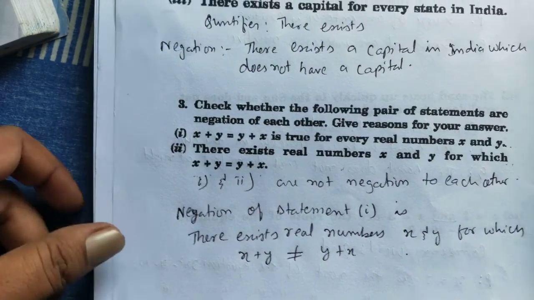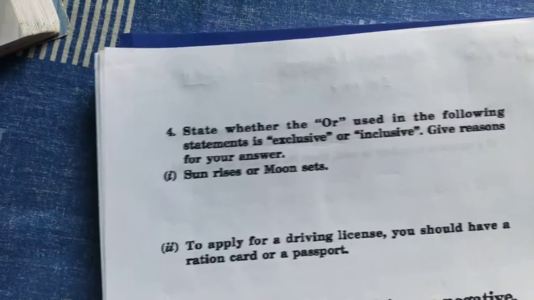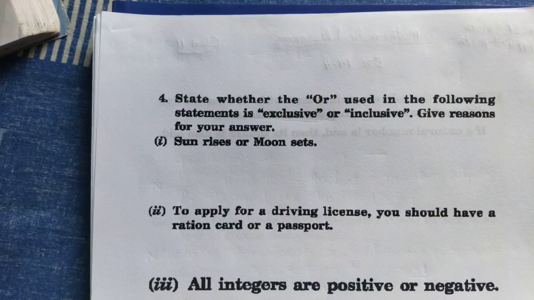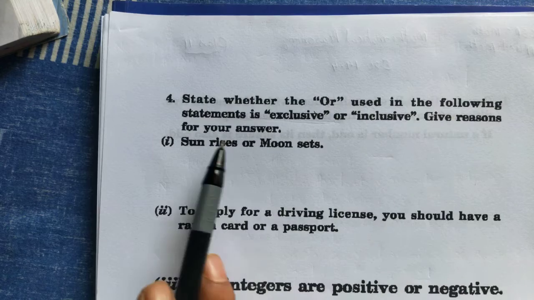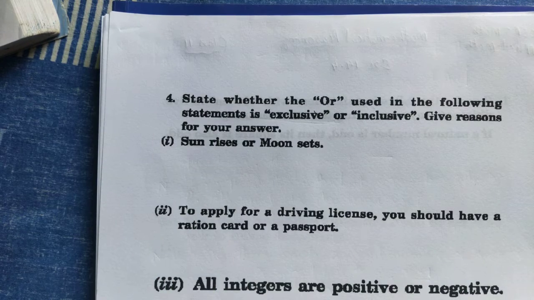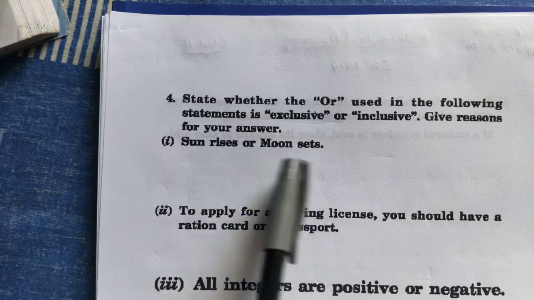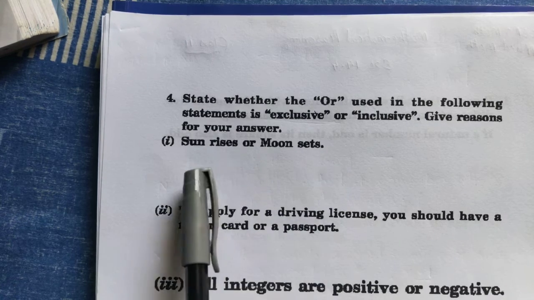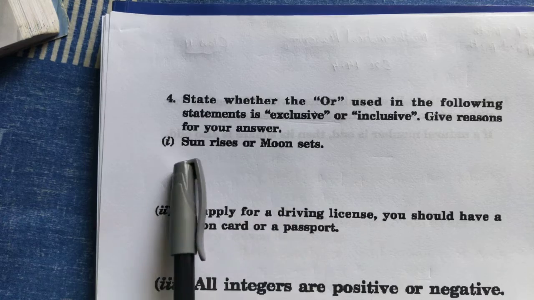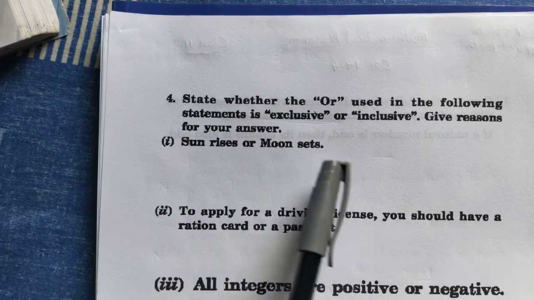Let's do question number 4. State whether the or used in the following statement is exclusive or inclusive. Now, or can be exclusive and inclusive. When you say exclusive, suppose they have given two statements. Exclusive means these two statements cannot happen at the same time.